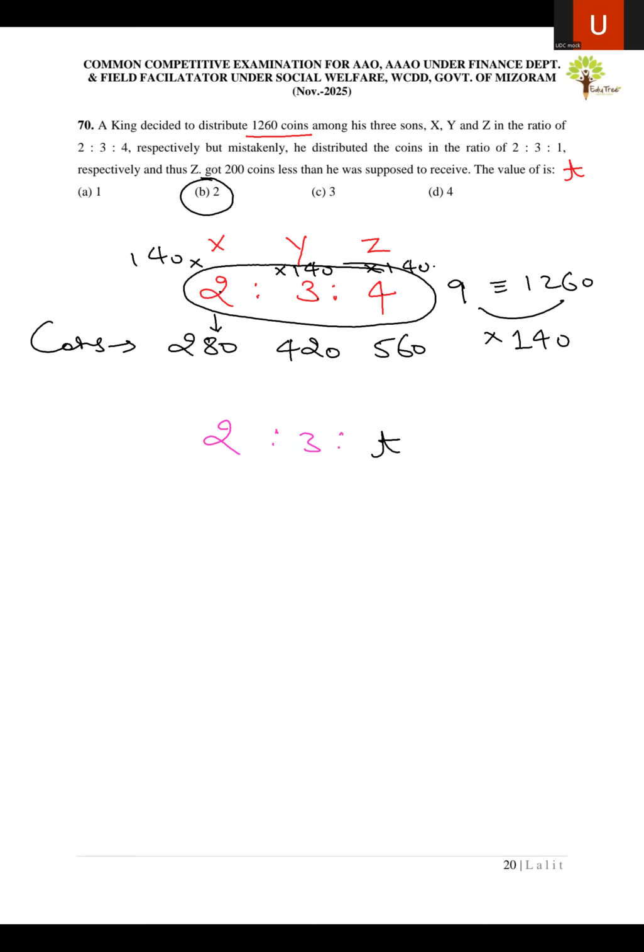So this will be equal to 200 coins less, that is 360 coins. All right. If Z is getting 360 coins, it means X and Y will be getting how many coins here? So what we can do is we can just simply solve it like this.